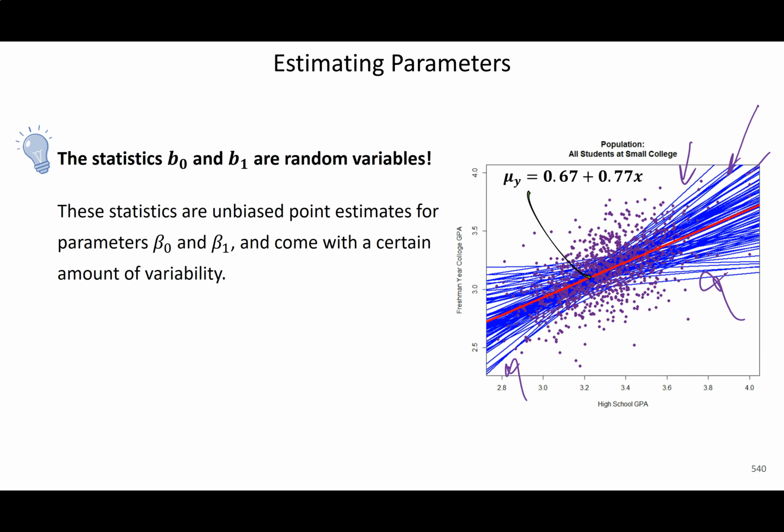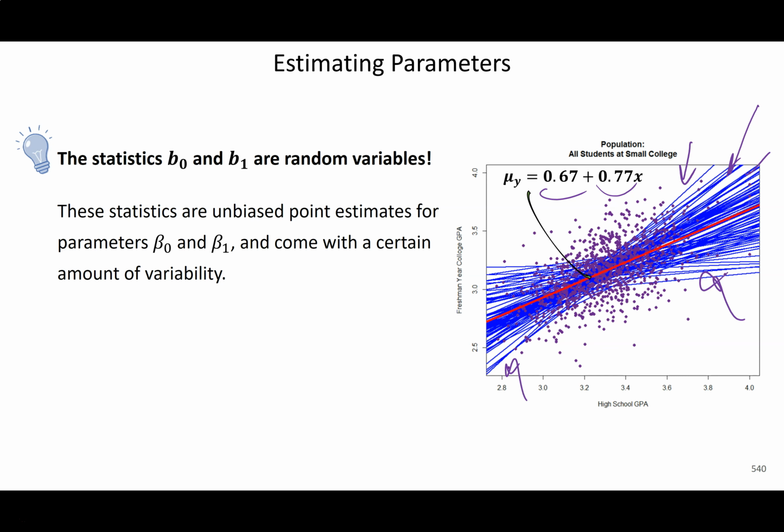As you can see, the values that we estimate for the y-intercept as well as the slope are random variables. They fluctuate from sample to sample. The observations I get in sample 1 can differ from sample 2, so my estimated least squares regression line will change from sample to sample.